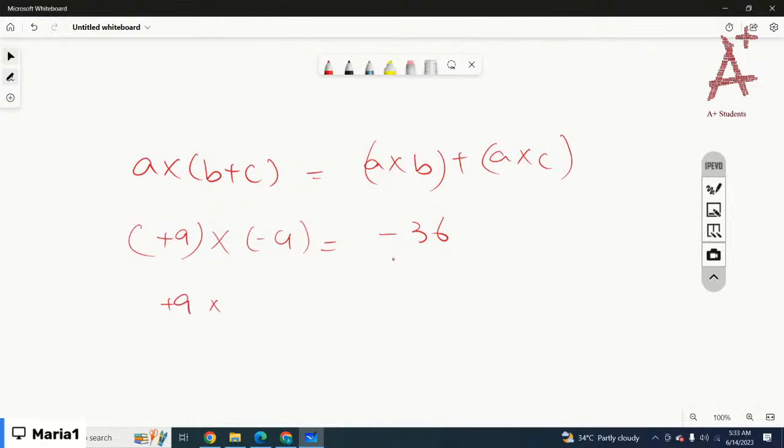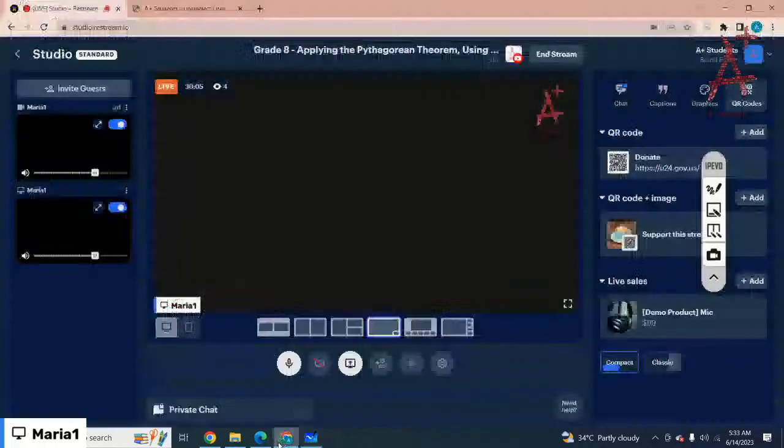If the numbers have the same sign, for example positive 4 and positive 9, the answer would be positive. If they both have negative signs, still the answer would be positive. If both numbers have the same signs, the answer would be positive. If the numbers have opposite signs, the answer must be negative. Those are the rules you have to learn during the practice questions. Got it?